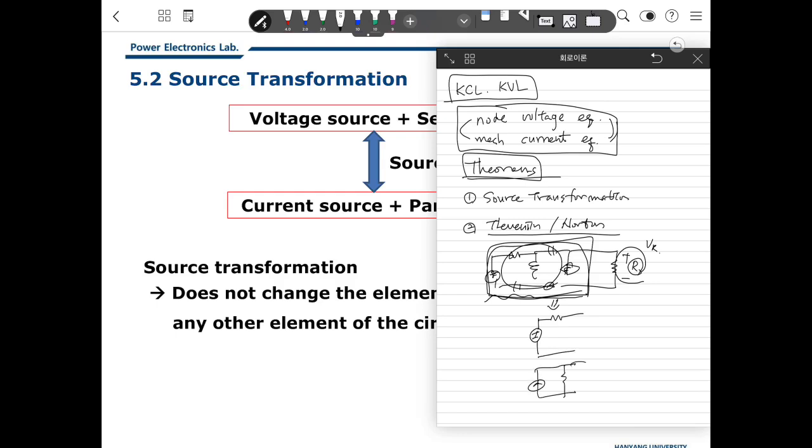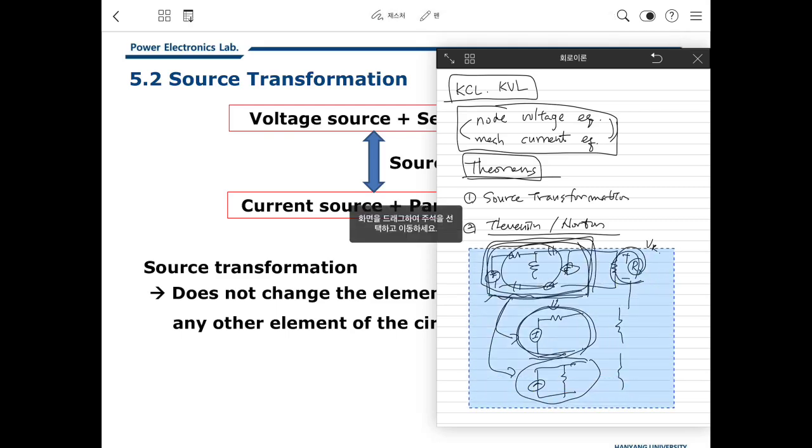You can make this complicated circuit into a simple one like this. Then we add the resistor here. We call this circuit a Thevenin equivalent circuit, and this circuit a Norton equivalent circuit. This is a very powerful tool to simplify the problem of analyzing an electric circuit.